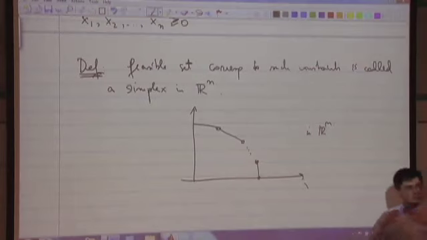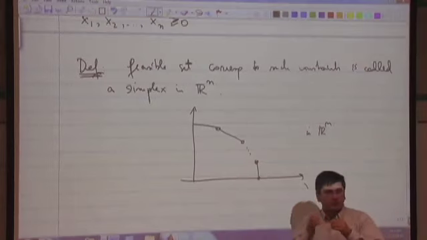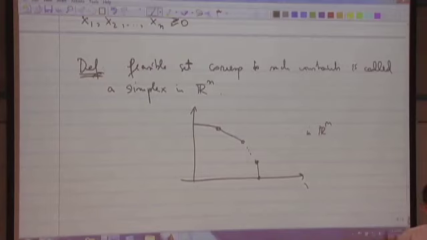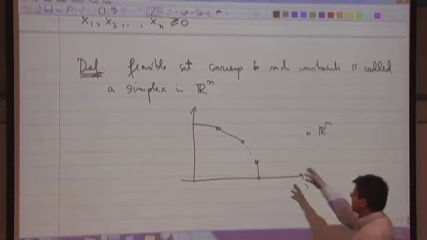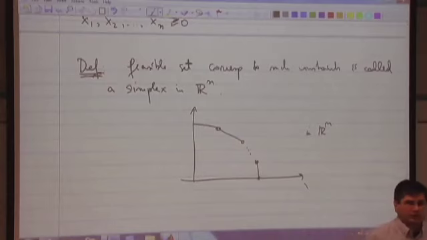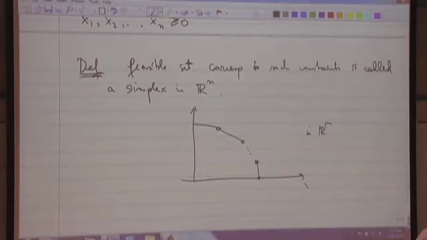But in the end, what you're going to have is a bunch of vertices, a bunch of edges, a bunch of faces of dimension 2, dimension 3, and so forth up to dimension n minus 1. Right? So in R2 it is easy. This really is a picture of a simplex in R2. But in R3, you can already have pyramids, all kinds of objects.